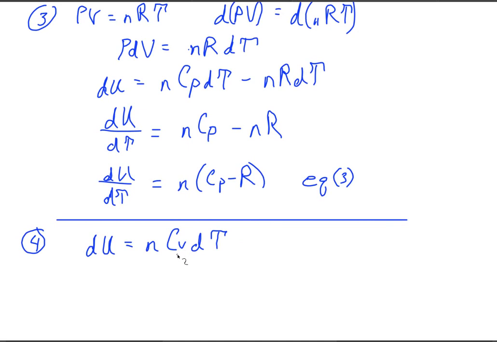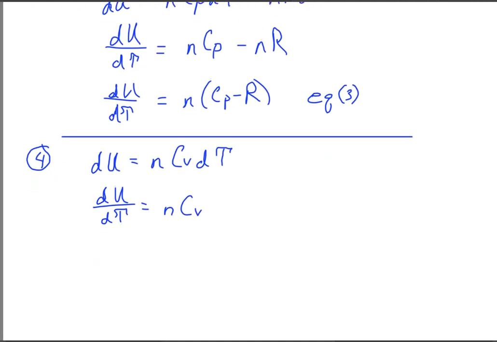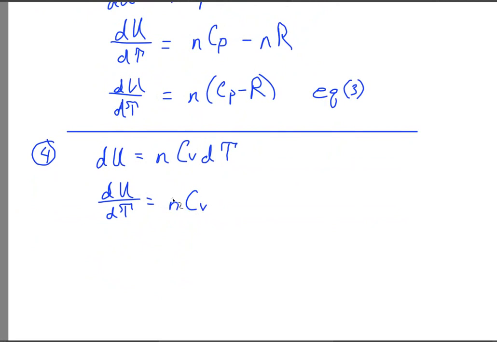So if we're going to write constant volume here for the dQ expression, we necessarily have no dW expression. Now let's do the same thing that we did in step 3 and divide through by dT. So we'll have dU/dT is equal to n Cv. Now what I would like to do is to substitute this n Cv into that spot. Since this is dU/dT and this is dU/dT, I'd like to substitute in. However, this is at constant volume, that was at constant pressure.